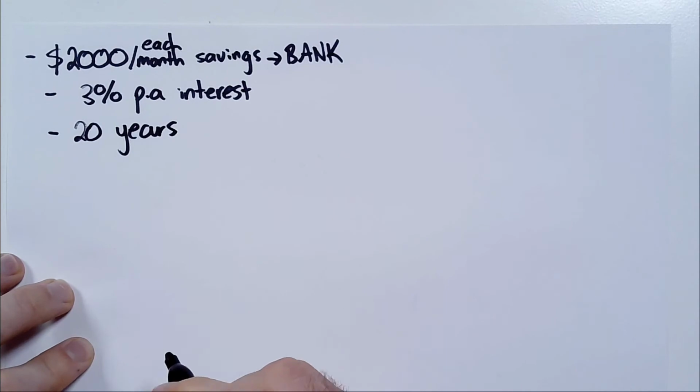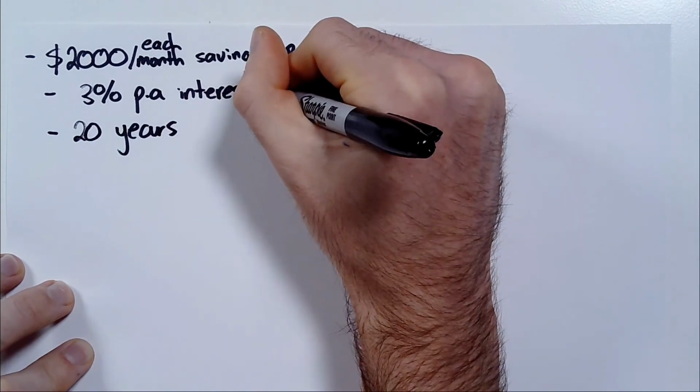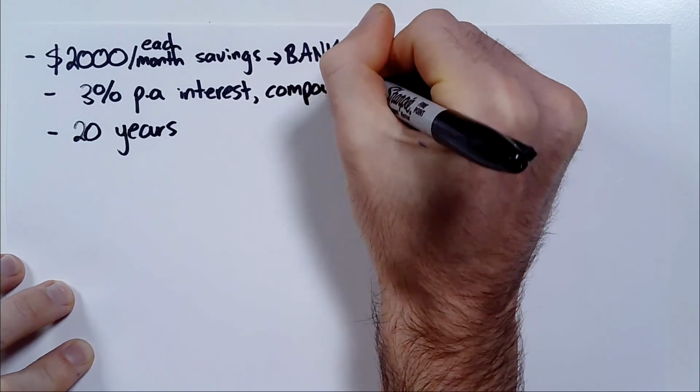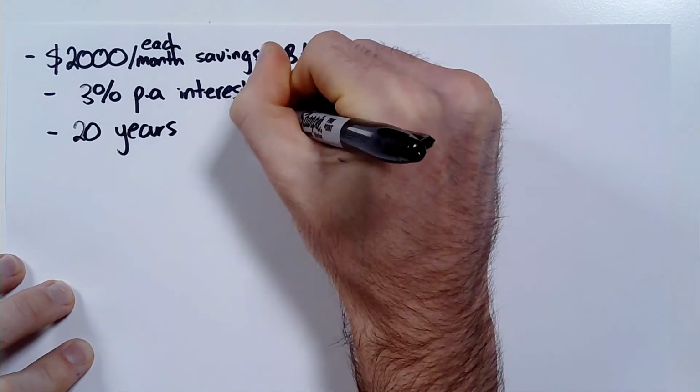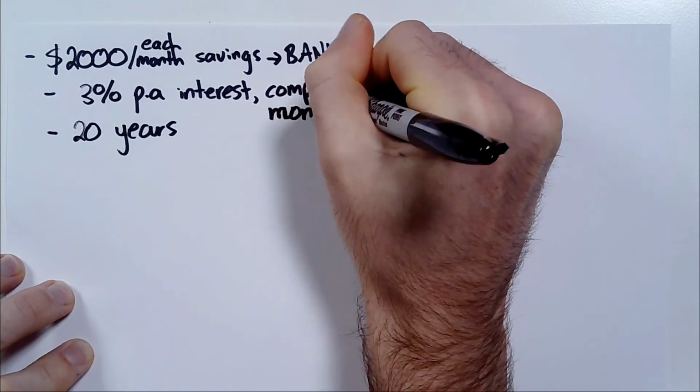The last thing we need to clarify is how often the bank is going to pay you interest. And typically what you'll find is they don't just pay you interest every year, they pay interest every month. So it's compounding monthly.